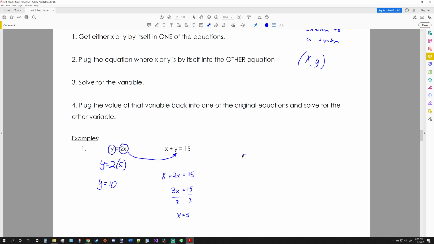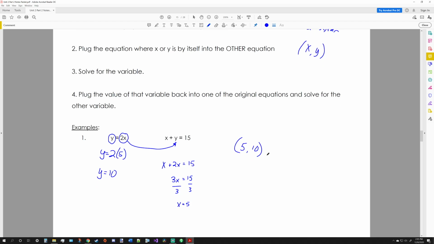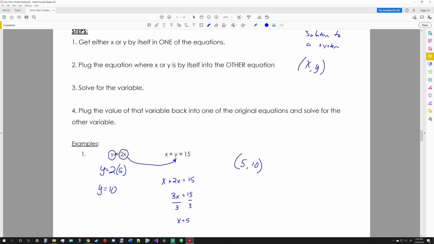So our solution would be 5 comma 10. Okay, so this is solving systems by substitution. The idea here is we get one variable by itself, and once we have that variable by itself, we know what it's equal to on this side, and we take that side and substitute it in for the variable.